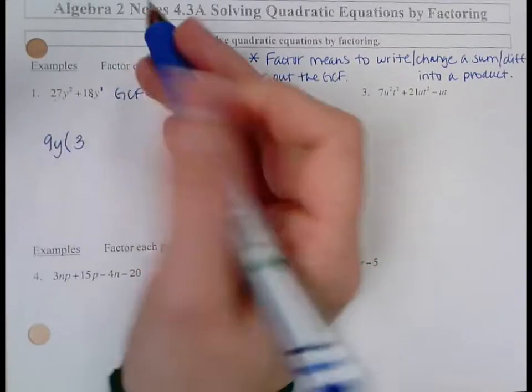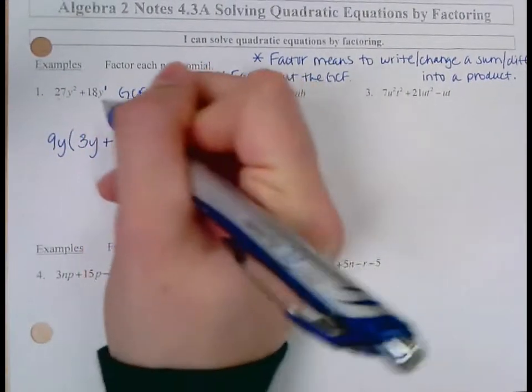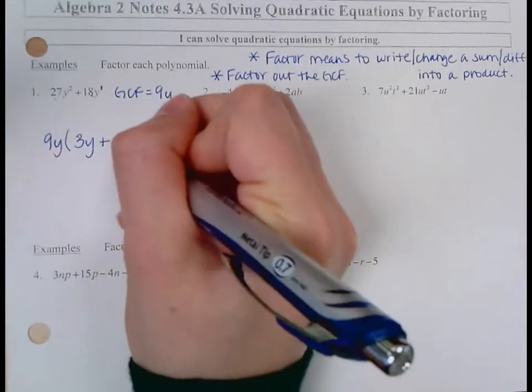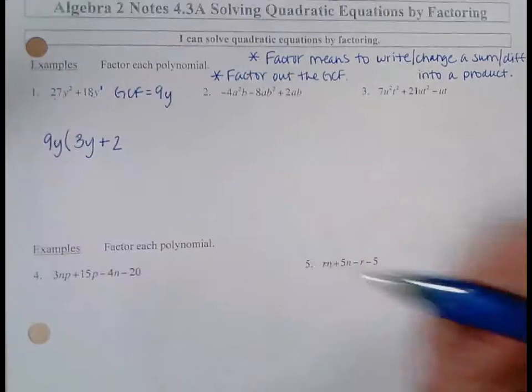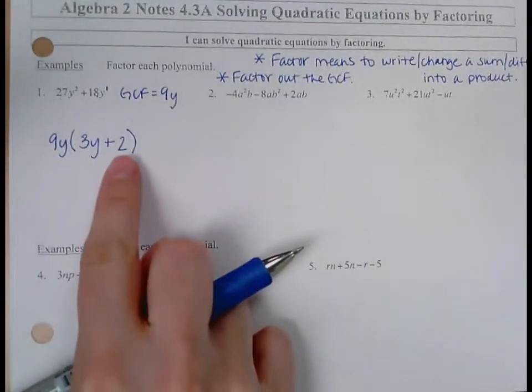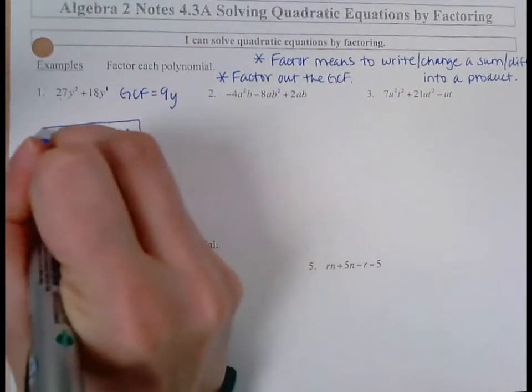I'm taking a y out, but I still have a y there. So 27y squared divided by 9y would be 3y. And then plus 18y divided by 9y. 18 divided by 9 is 2. Y divided by y would cancel out, so it's just 2. So I have 9y times the quantity 3y plus 2. This is the factored form.